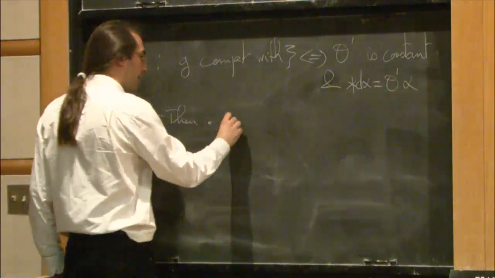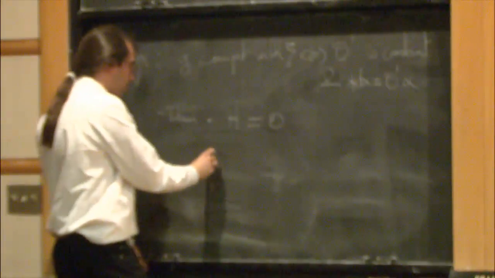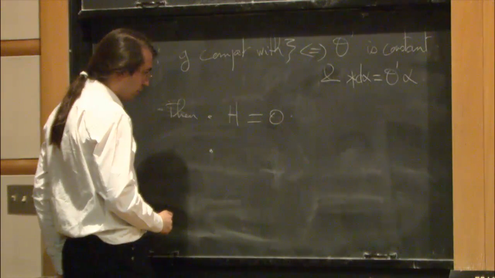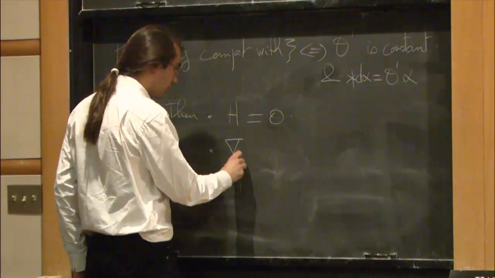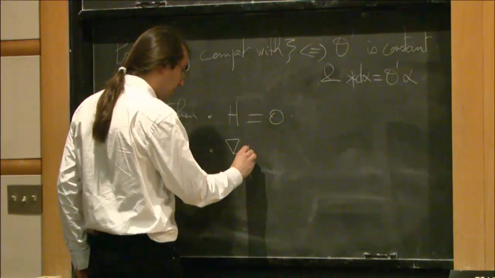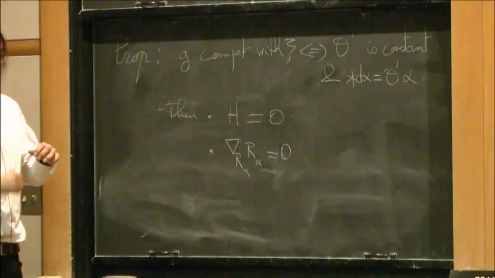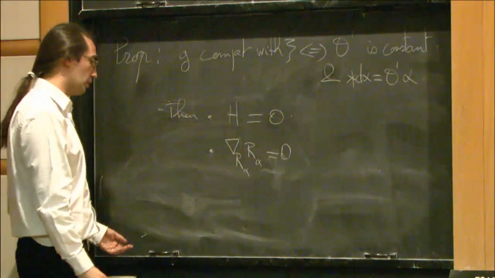You have properties like H is 0 always, and the Reeb vector field is geodesic. So if you follow Reeb orbits, those are geodesics of your Riemannian metric.